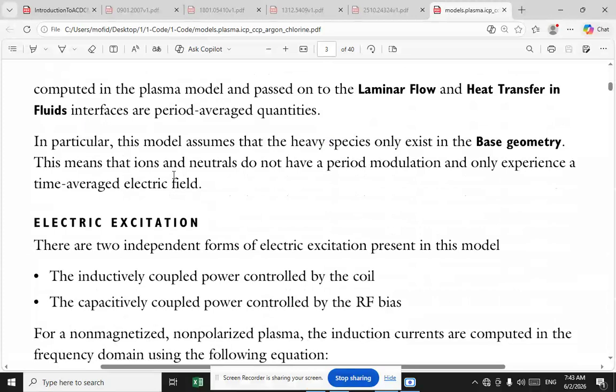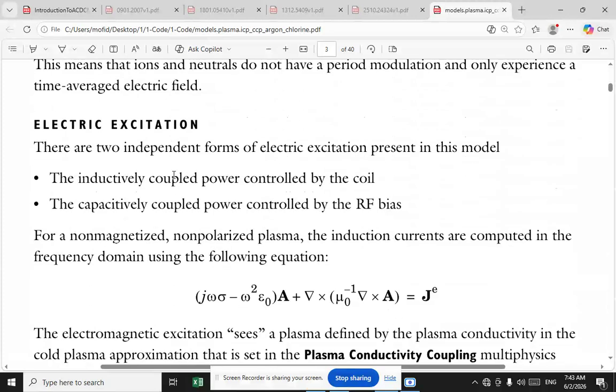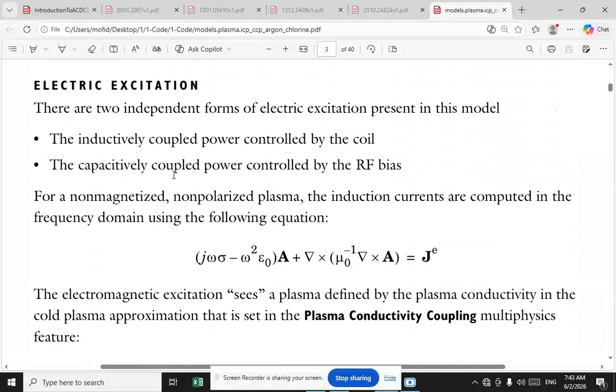In particular, this model assumes that heavy species only exist in the base geometry. This means that ions and neutrals don't have a period modulation and only experience a time average electric field.